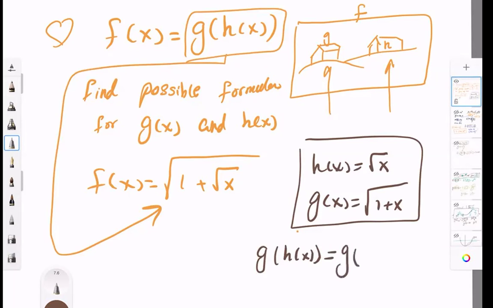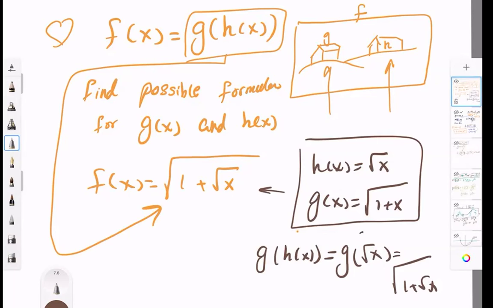G of root x, this will be radical 1 plus root x. So I get this one, which is true. I mean, there is no formula that I can tell you to use. You have to try different types of functions.